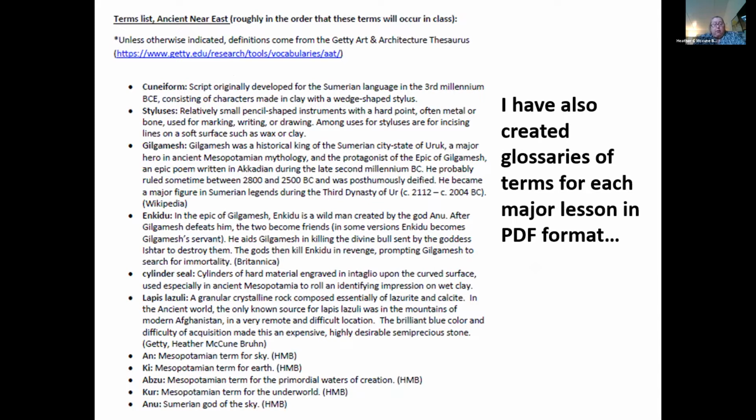I've also created glossaries, because that's the other major advantage of having a textbook. So I have glossaries for each major lesson. And then what I'm doing to make up for the lack of readings is I'm using pre-existing open educational resource material.